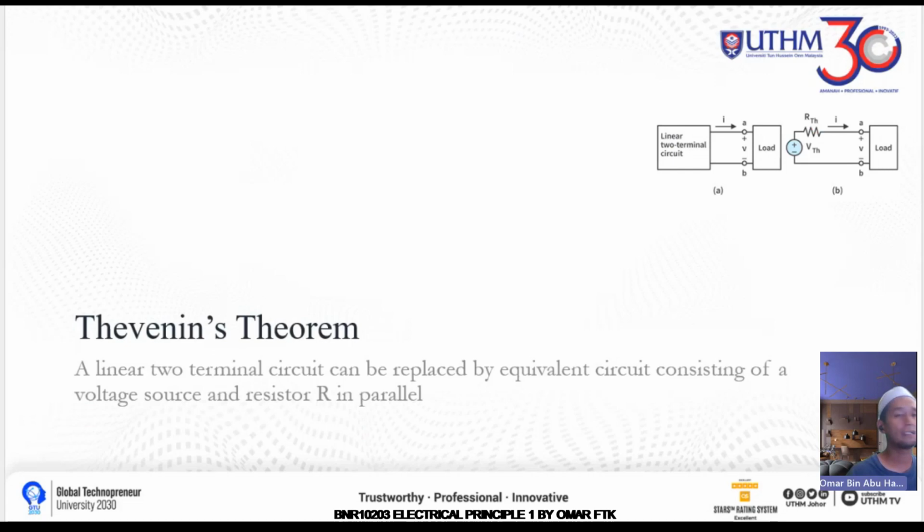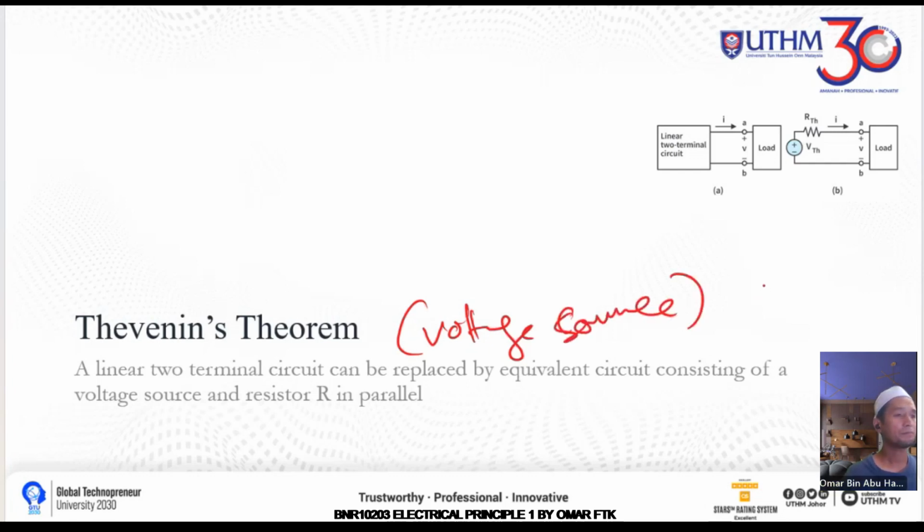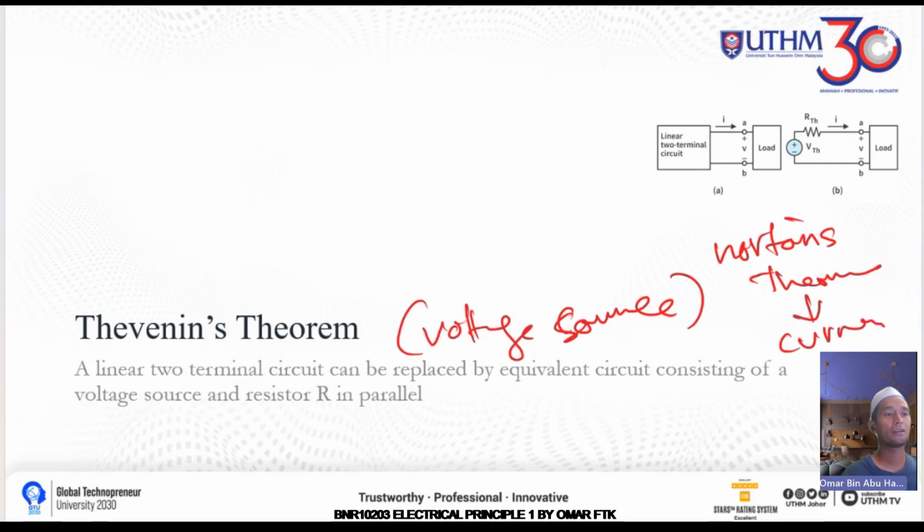And then the Norton theorem consists of the equivalent circuit that relates to the current source, which is parallel with a resistor.